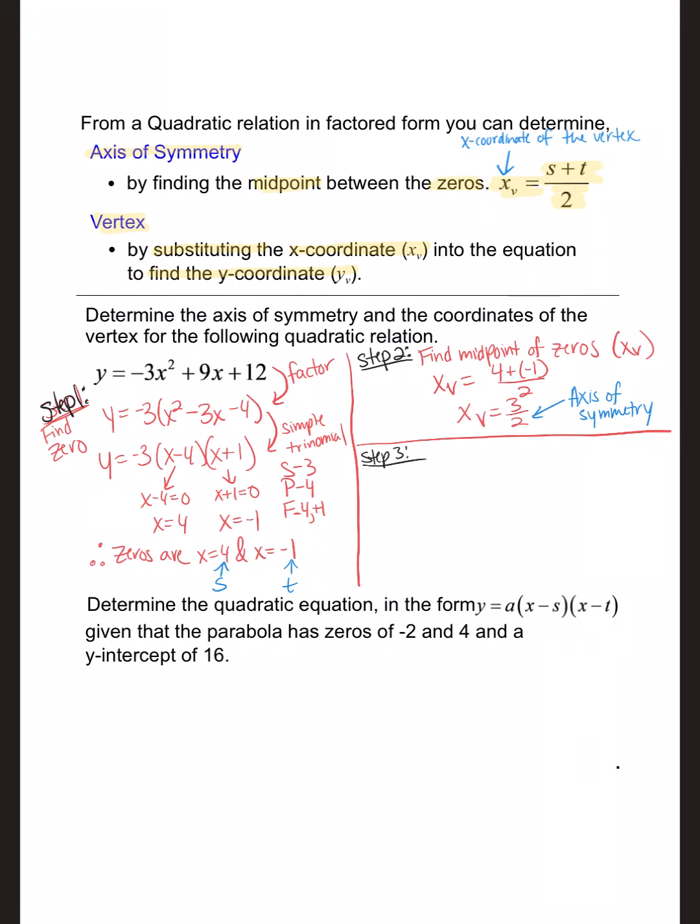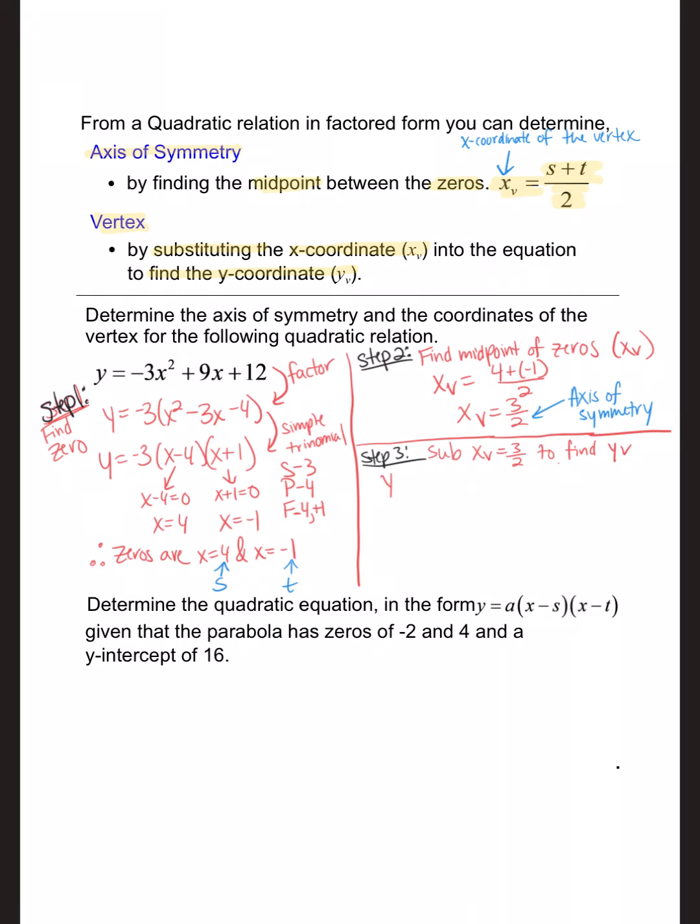So step 3, we're going to sub the x value of our vertex in to find the y value of our vertex. Okay, so let's rewrite that. We're going to sub in our x value, which is equal to 3 halves, to find the y value of our vertex.